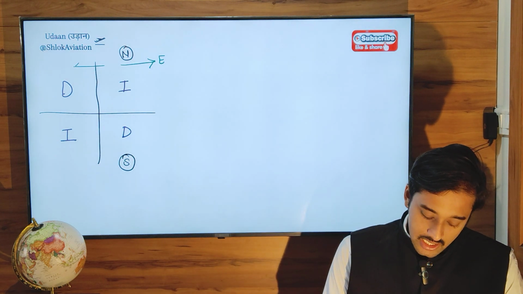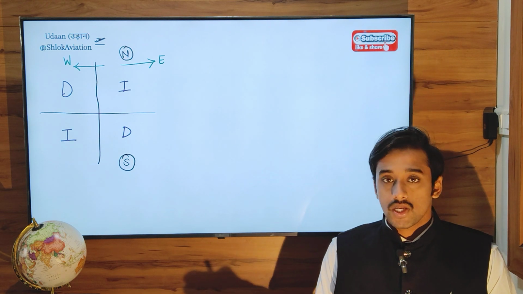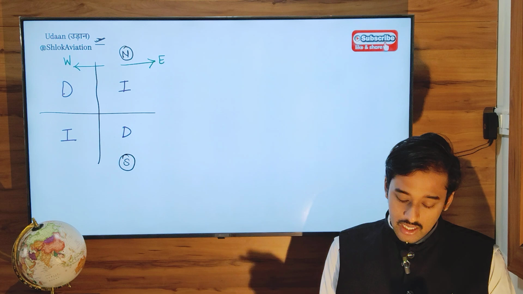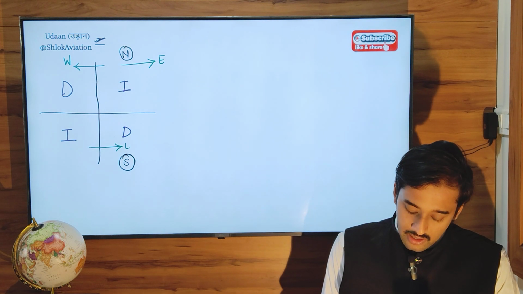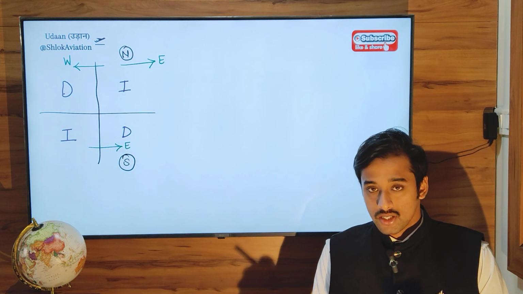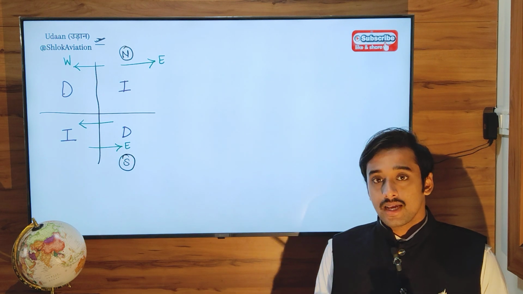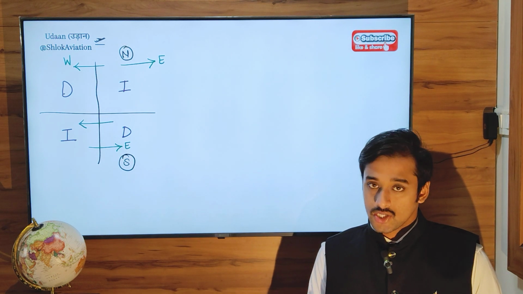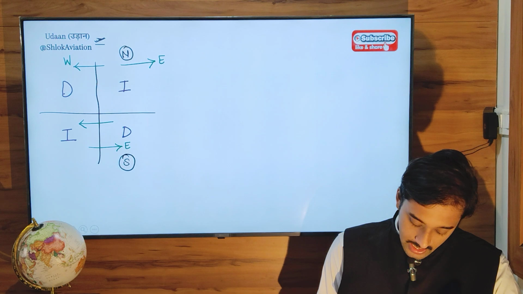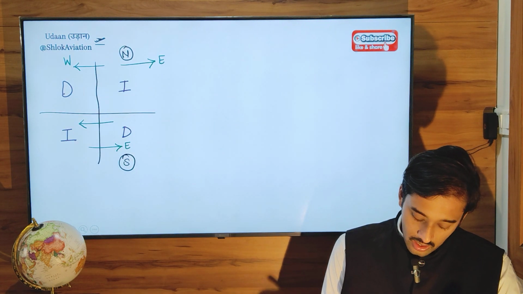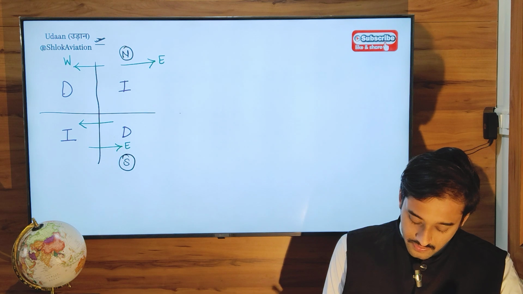Traveling in the westerly direction, your great circle track decreases in the northern hemisphere. In the southern hemisphere, traveling in an easterly direction will result in a decrease in great circle track. Traveling in a westerly direction will produce an increment in great circle track. Okay. Now in this case, you are in the southern hemisphere.